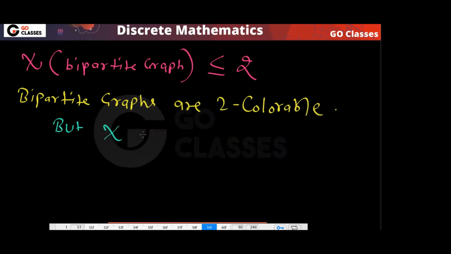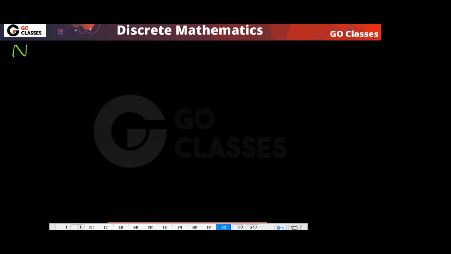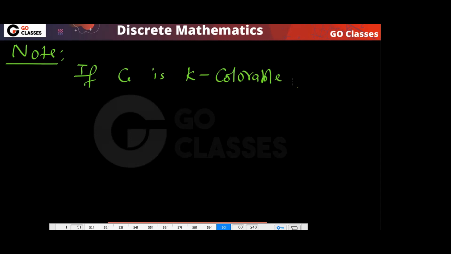But the chromatic number is what? The chromatic number is less than or equal to 2. Remember, 2-colorable simply means chromatic number is less than or equal to 2. If a graph is k-colorable, then what can you say about the chromatic number?